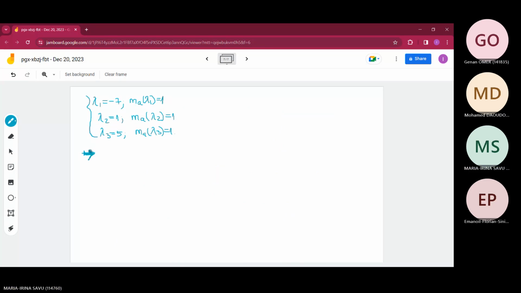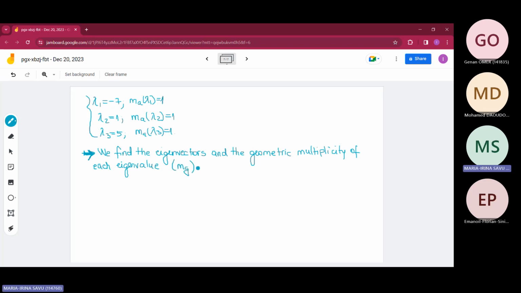So you have to find the eigenvector and the geometric multiplicity of each eigenvalue, and this geometric multiplicity is denoted by mg.